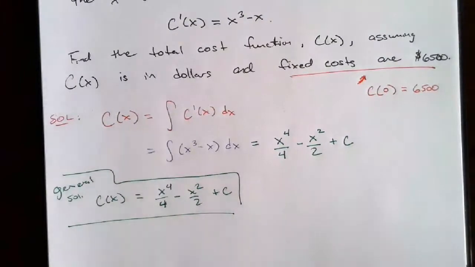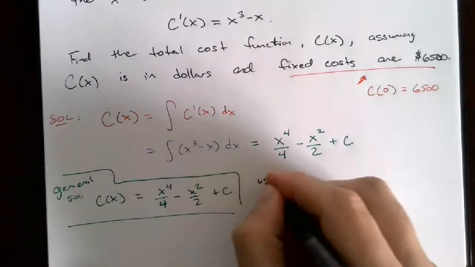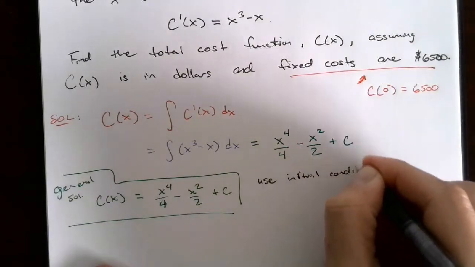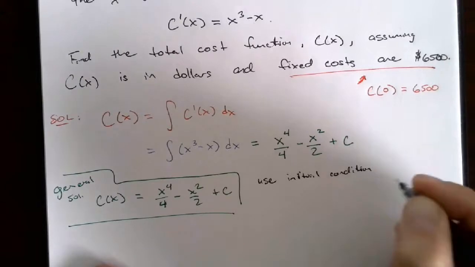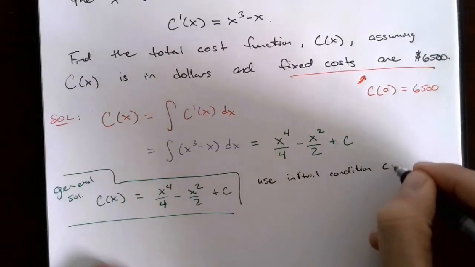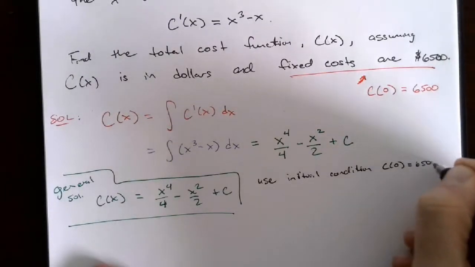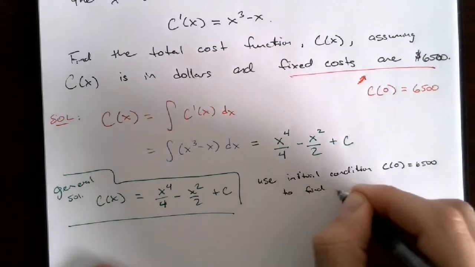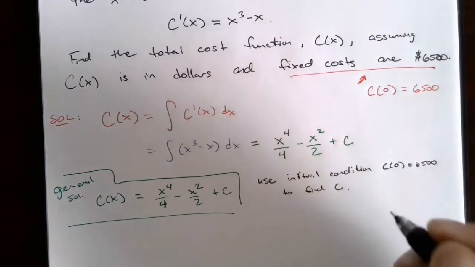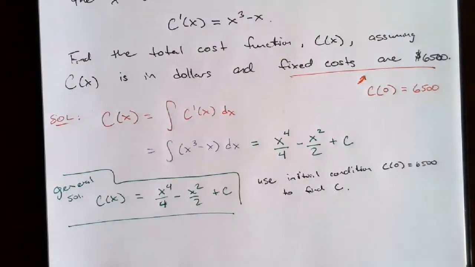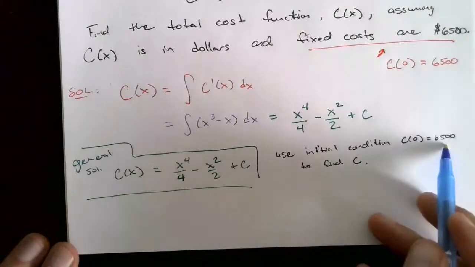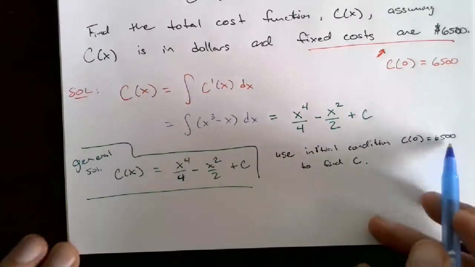So you use this initial condition, c of 0 equals 6,500, to find our constant c. Well, what's that mean? You're subbing in x is 0, and c of 0 is 6,500.